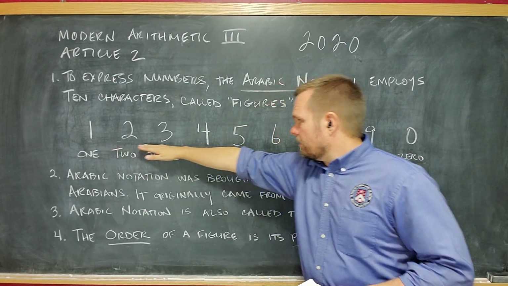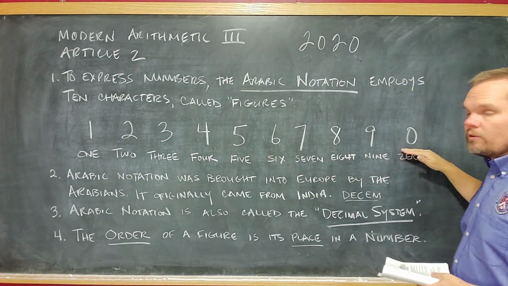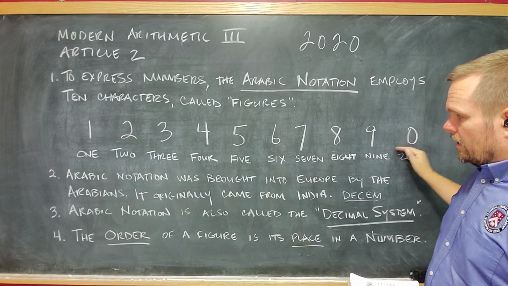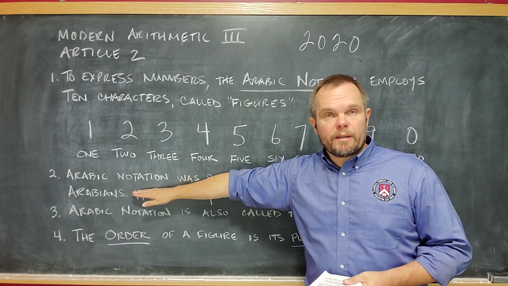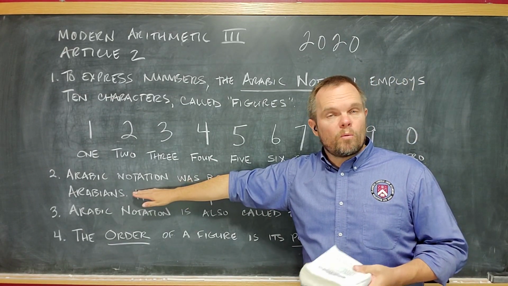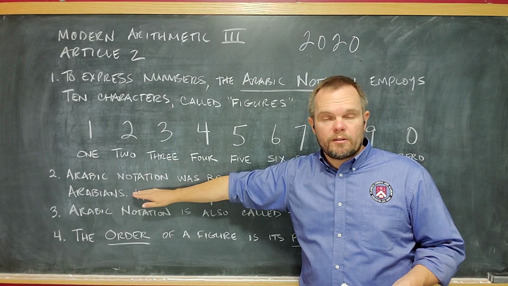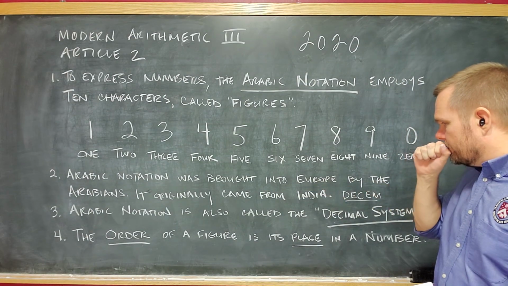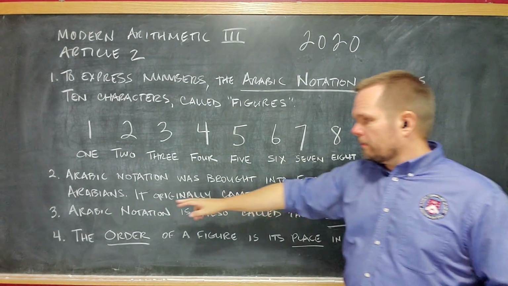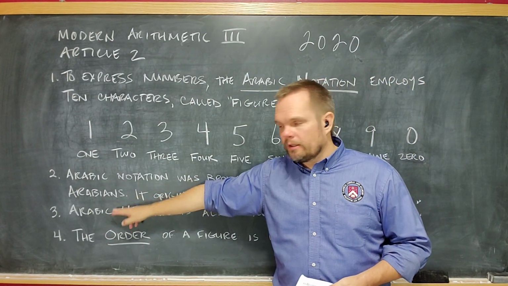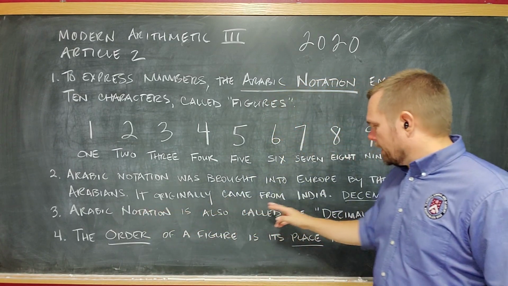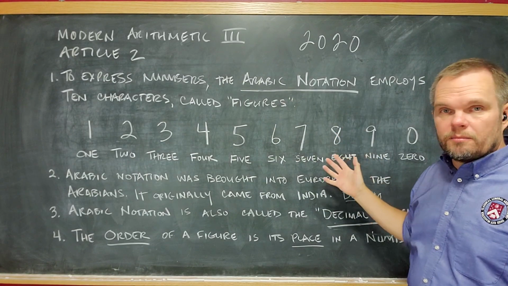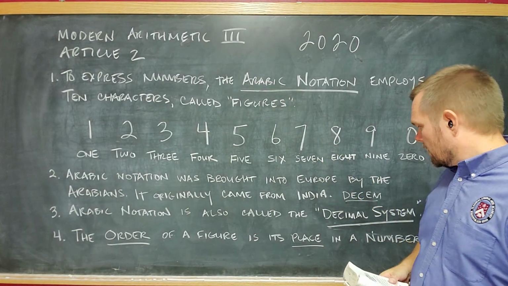We saw here each of the 10 figures that are used in Arabic notation. We learned where Arabic notation came from, why it's called Arabic notation. Arabic notation was brought into Europe by the Arabians, or the people of Arabia. It originally came from India. That's where this system of characters comes from.